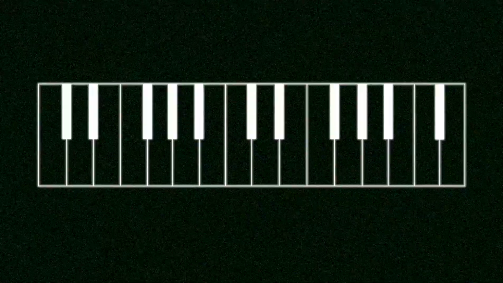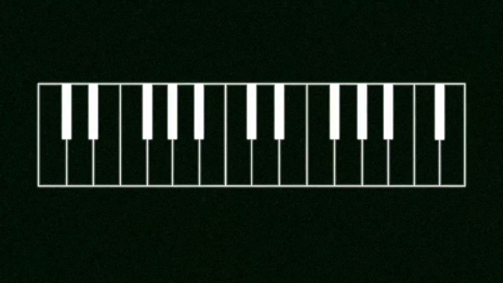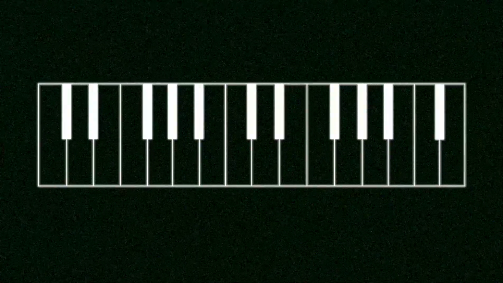Before we begin, we need to look at major key harmony and chord functions. We know that in each key there are 7 diatonic chords we can choose from.